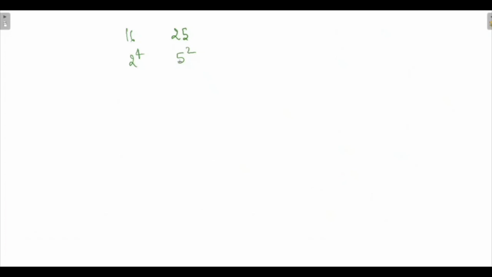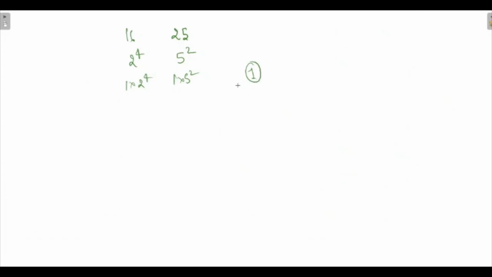So in such a case, we say that the highest common factor is 1. Every time I can just think that it is 1 into 2 to the power 4, and this is 1 into 5 square. So basically, in cases where these two numbers are co-prime to each other, the highest common factor is 1.